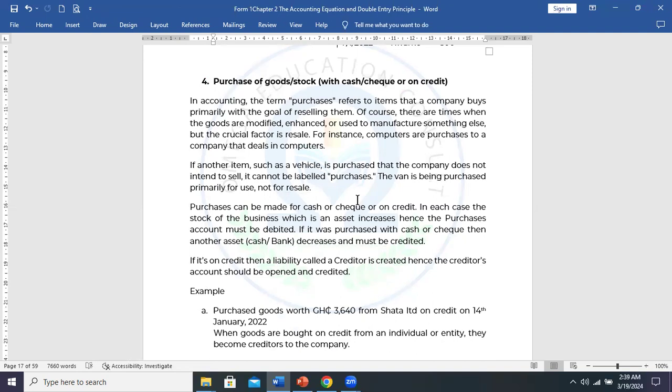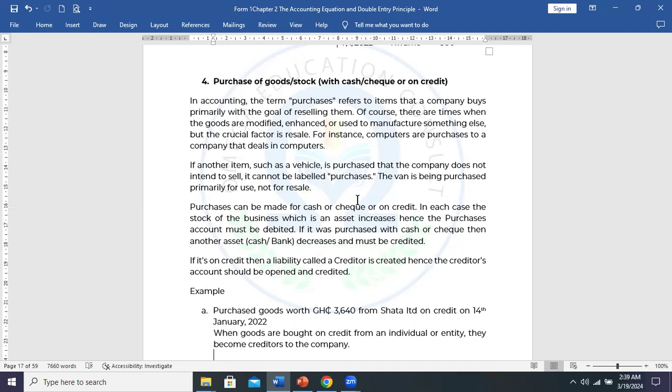So here again, we can have cash purchases or credit purchases. Cash purchases means that the business bought the goods and paid money. Credit purchases means the business bought the goods and didn't pay.